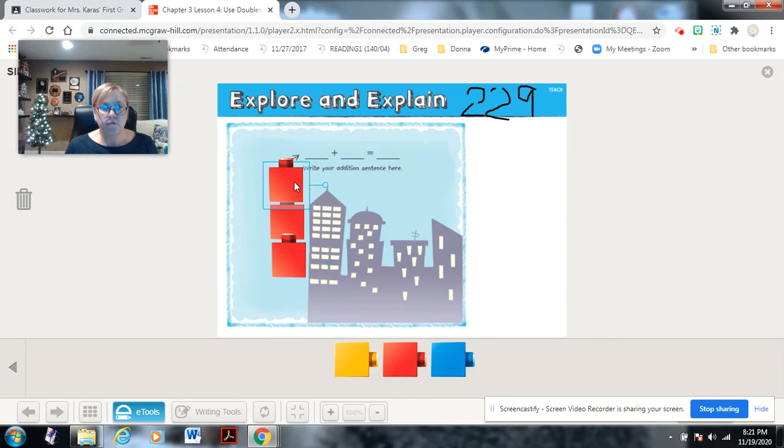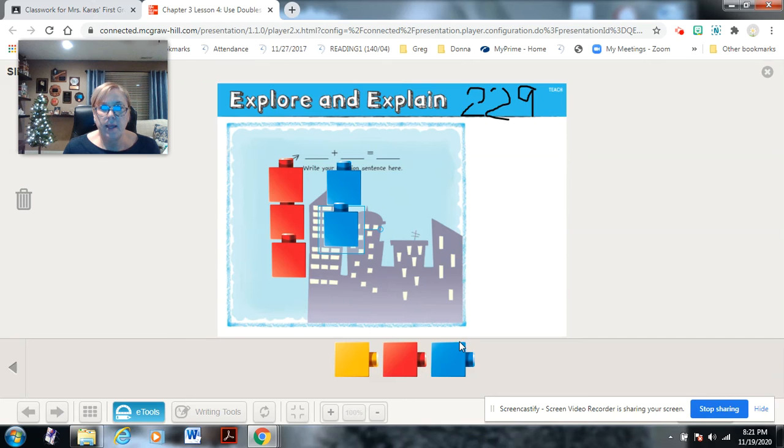So there's 3 connecting cubes, and then they want us to use 3 green cubes. Well, I'm going to have to use blue because I don't have green here. So 1, let's turn it like I did the other ones. 1, and another one is 2. I'm excited that I can turn the cubes for you.